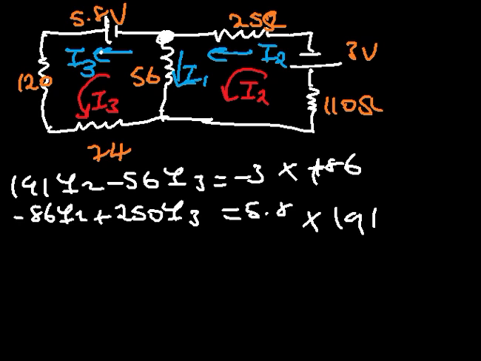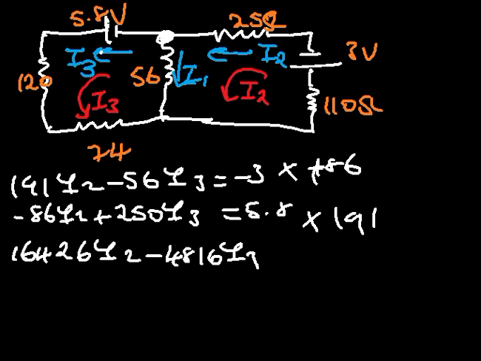So now we have 86 times 191, that is 16,426, I2 minus 86 times 56, which is 4816, I3, which is equal to -3 times 86.